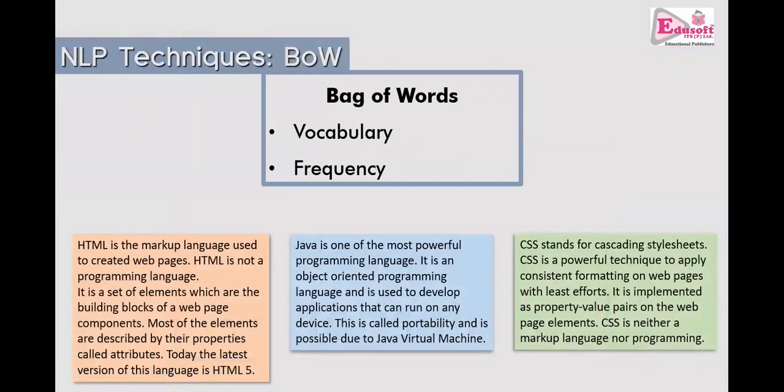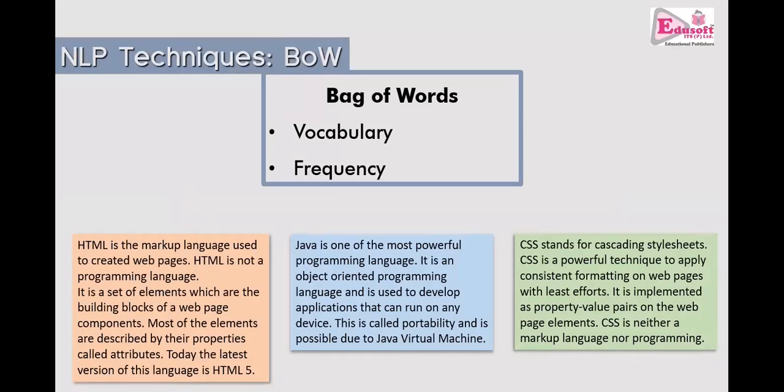So one very important, very basic approach of extracting features, as I told you, from some text is bag of words. Now, the bag of words approach is very common, and it takes out two features from the text, the vocabulary and the frequency. As you see on the screen, there are three documents, for example. One document is talking about HTML, another about Java, and the third one about cascading style sheets.